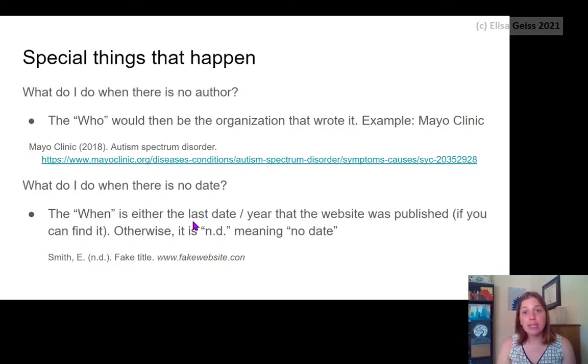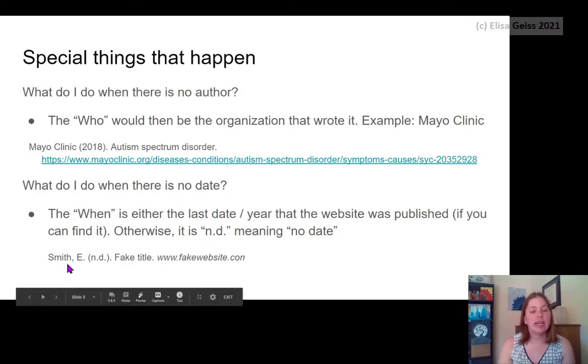If you can't find that at all, it would be ND for the date, meaning no date. So Smith, I created a fake one here, but Smith, no date, whatever the title is, and then the website that you got it from, or the journal, for example.